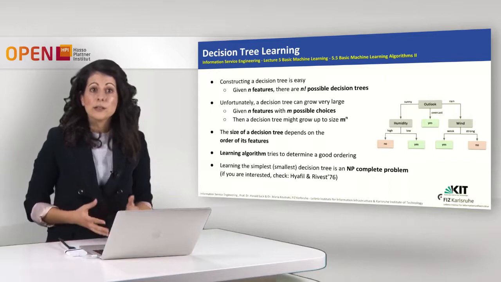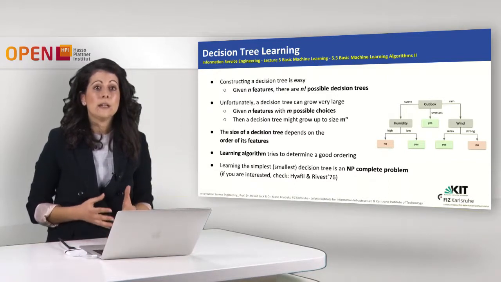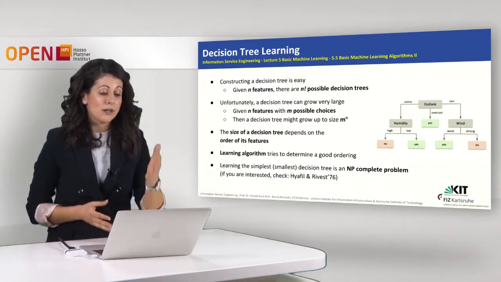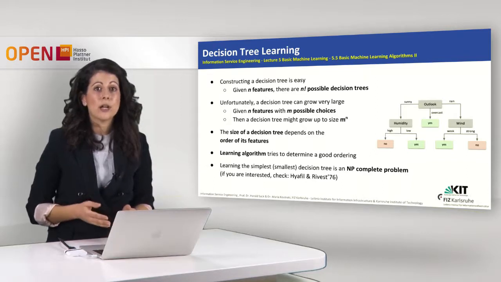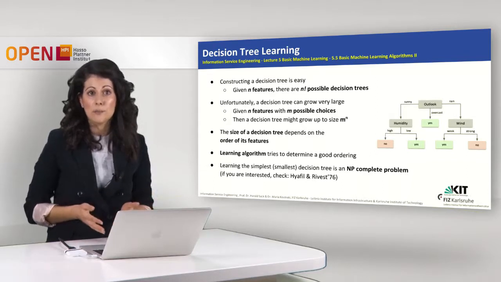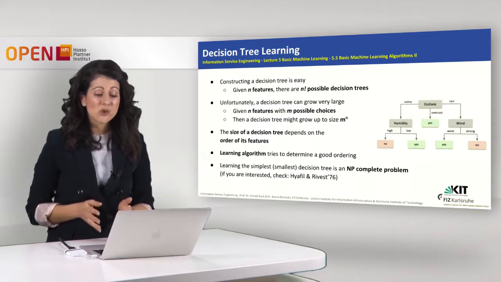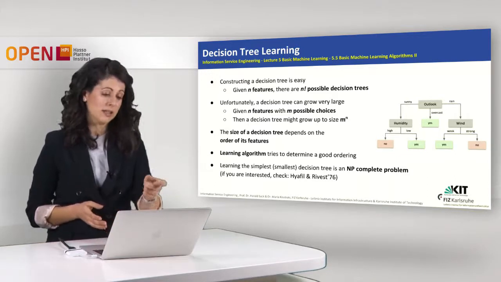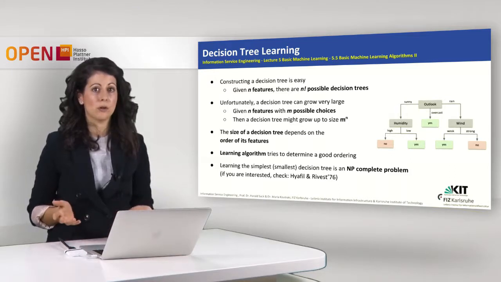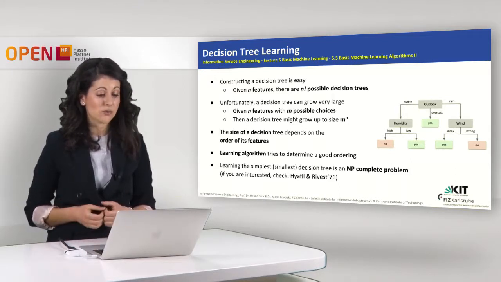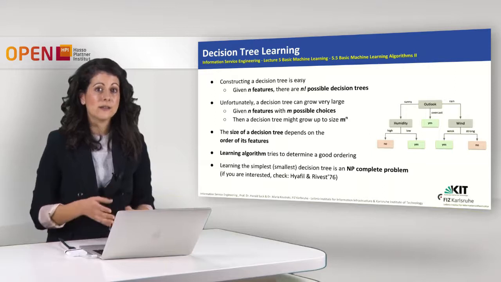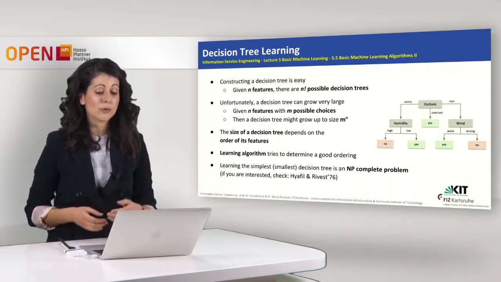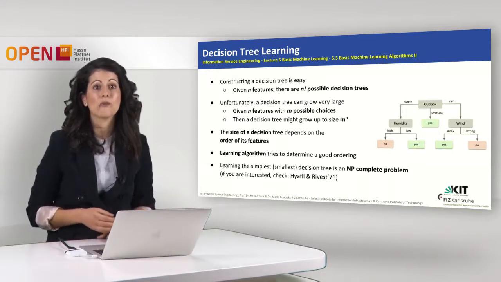So, constructing a decision tree is a relatively easy task. Given n features, there are n factorial possible decision trees we can make. But unfortunately, a decision tree can grow very large because, given n features with m possible choices for those features, the decision tree can grow up to the size of m to the power of n.